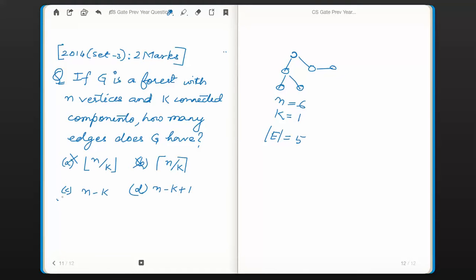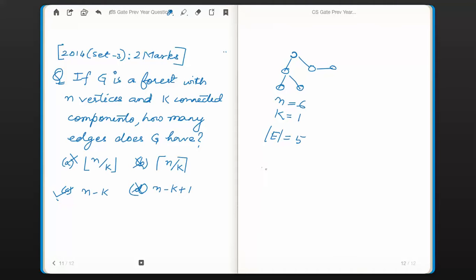We cannot say that it is correct currently, but it is not eliminated. Now this one, 6 minus 1 plus 1, that is 6, so this is also eliminated. All these 3 options are giving a value 6, so these 3 options are eliminated, only 1 is left, so this is the correct option.